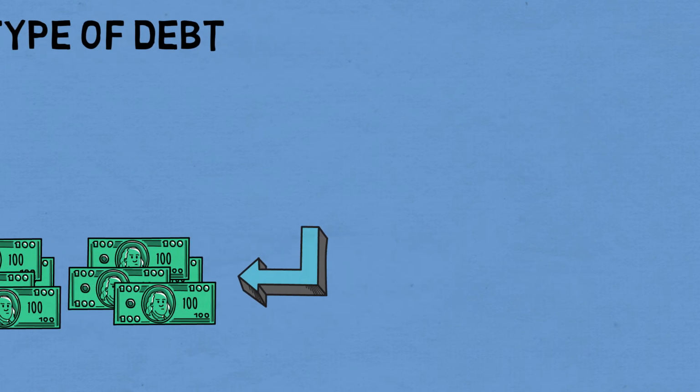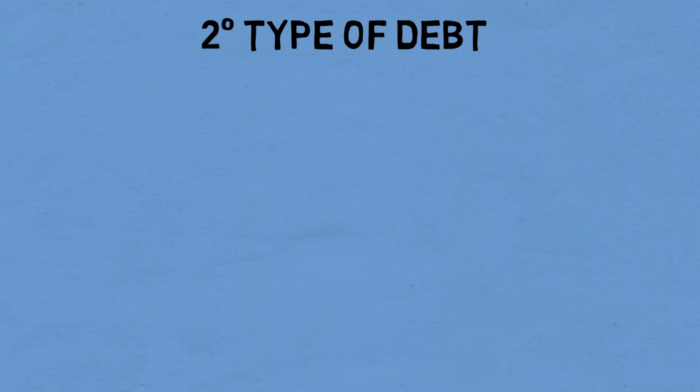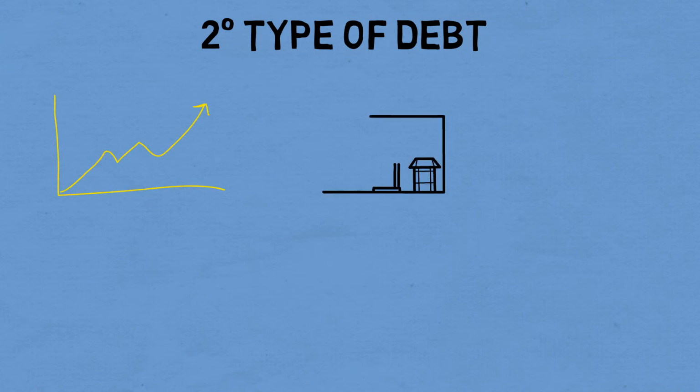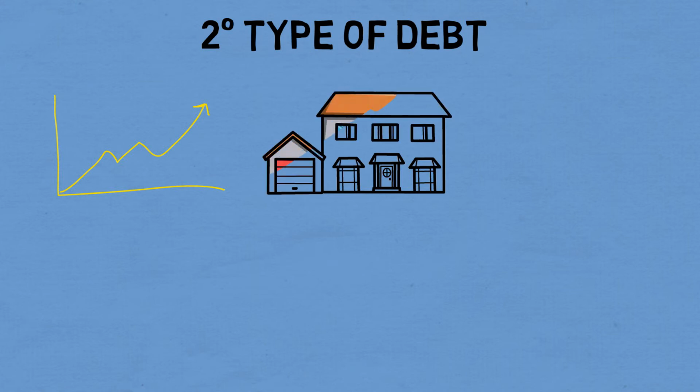The second type of debt is the one that we have from an investment perspective, or more in general that we have to buy something that will increase in value as time passes by. For example, we can think about a loan that we ask to buy a house, the so-called mortgage. We can actually think about a house as a true investment.